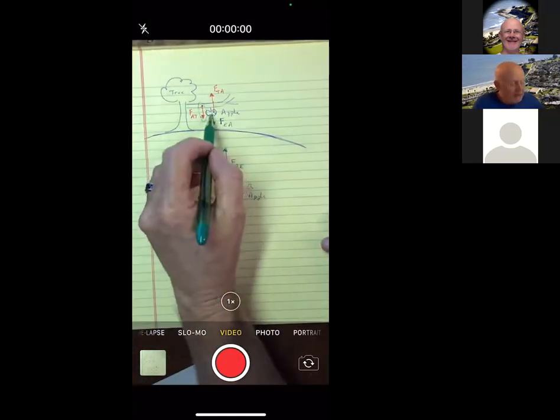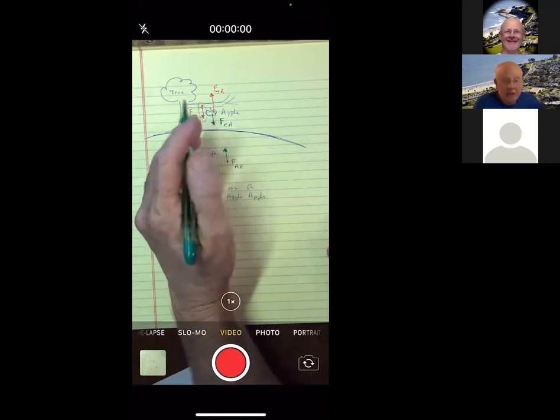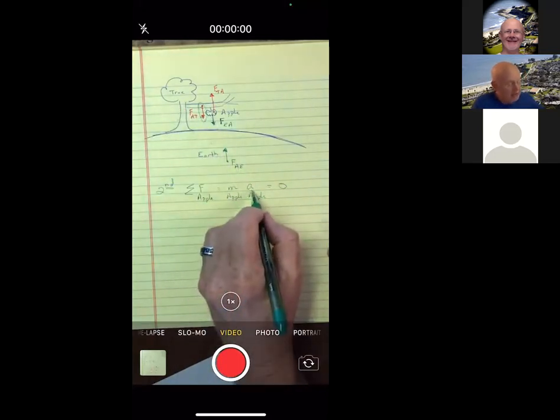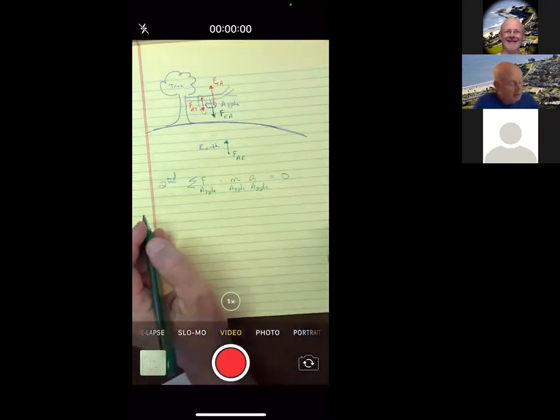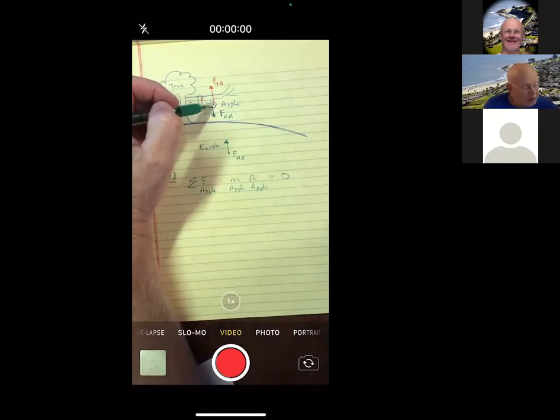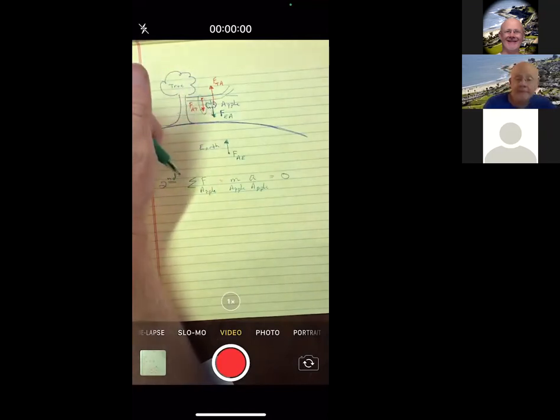Normally, the apple is not moving, it's not falling, it's just hanging there. So we could say this has to be zero because the acceleration is zero. And that would tell me that these two forces right here, the green one and the red one, are equal.